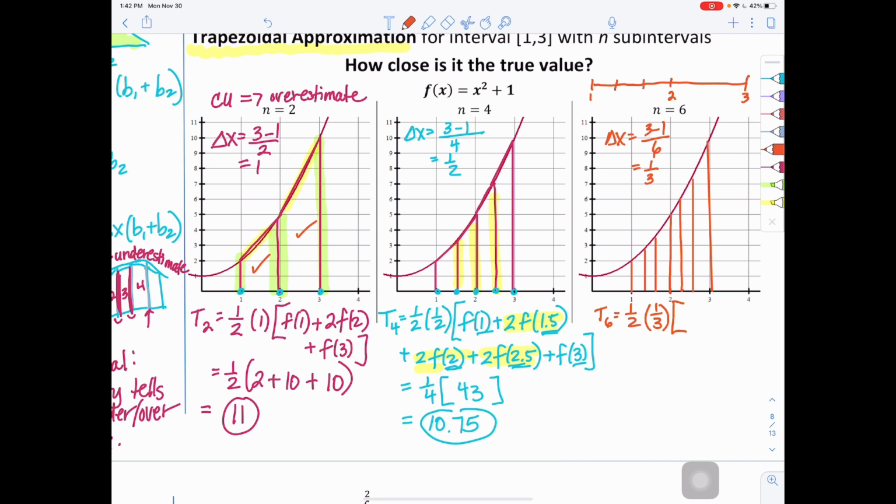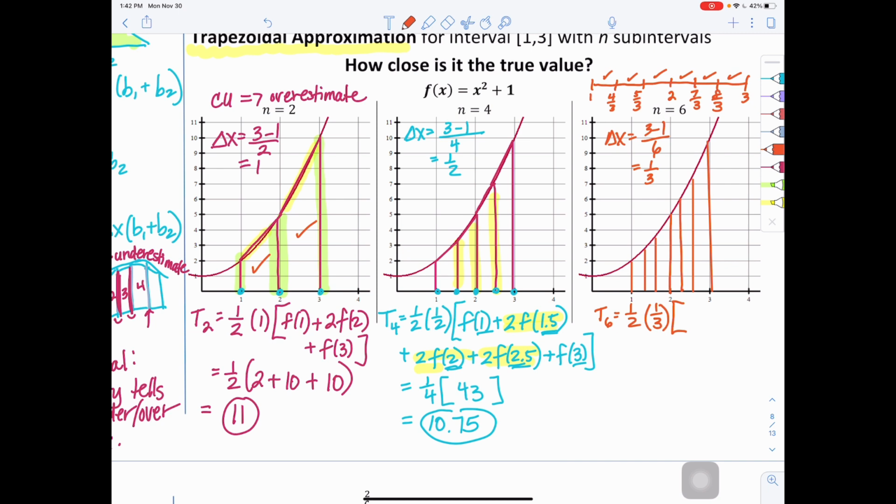And we have 1, 2, 3 in there. So we have a total of 6 trapezoids, 1, 2, 3, 4, 5, 6. Okay, so what are these? If they're a third, this is 1 1/3, which is 4/3, 5/3, 6/3, 7/3, 8/3, and then 9/3 is 3.